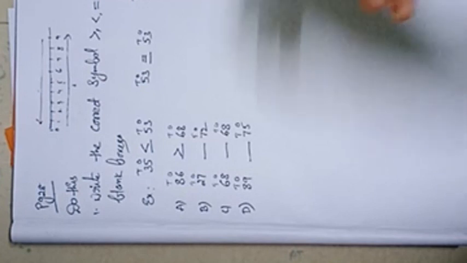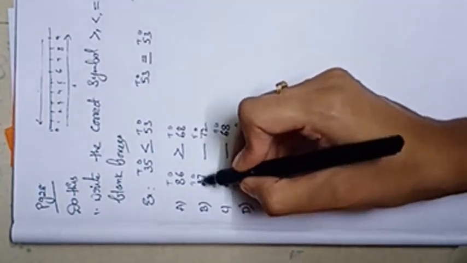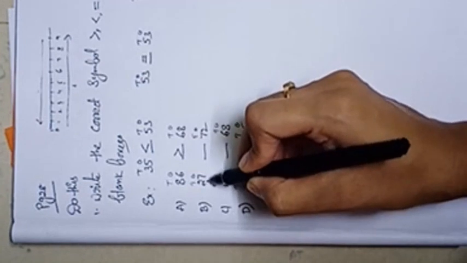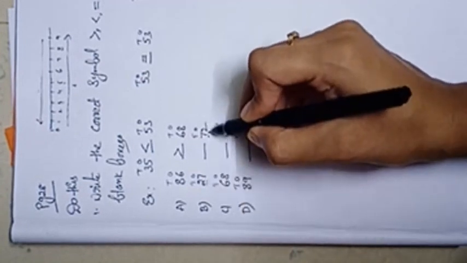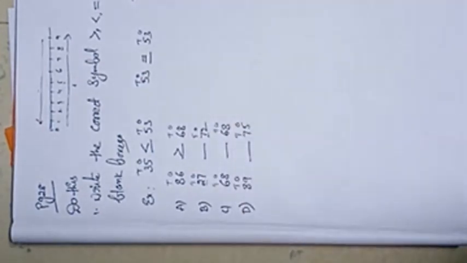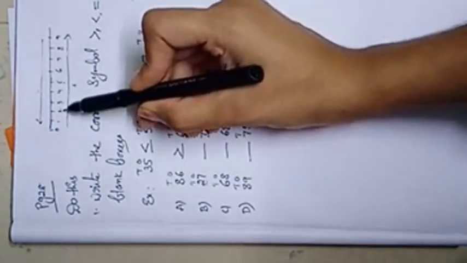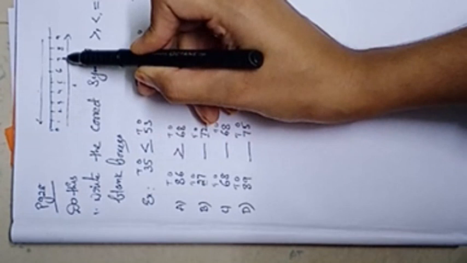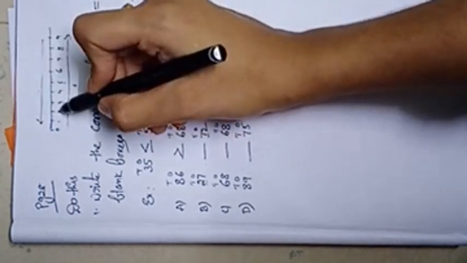Understood, children? Next. Here in tens place I have 2 and here in tens place I have 7. Is 2 greater than 7 or is 2 smaller than 7? Answer my question, children. Teacher, you will say, 2 is smaller than 7. See, after 2, I got 7 here on the number line.